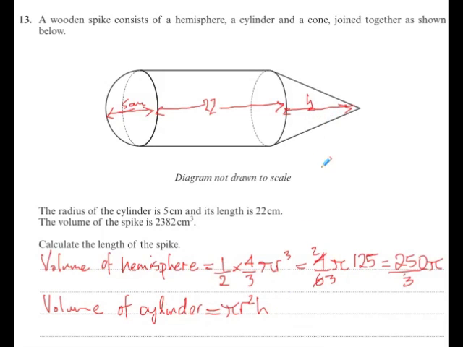I just want to distinguish it from that h, so I'll put a little c at the bottom, so height of cylinder. And that is equal to pi, 5 5s are 25, times the length here, which is 22. And that equals, you can use your calculator if you wish, 550 pi.